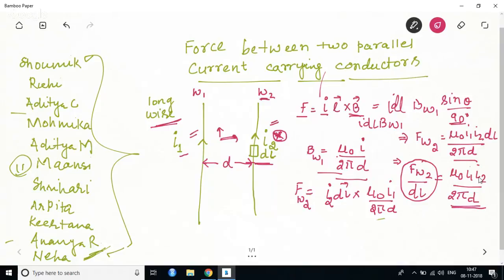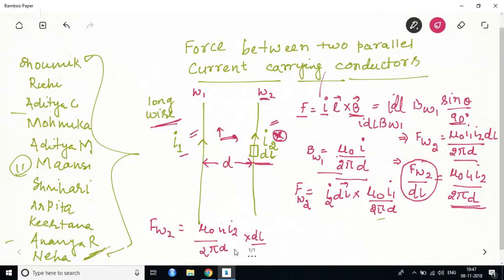Now is there any doubt in this question? So try to understand, guys. There are two formulas I have given. The first formula I have written as the force on any particular length dl, which would be mu naught I1 I2 divided by 2 pi d, times dl.